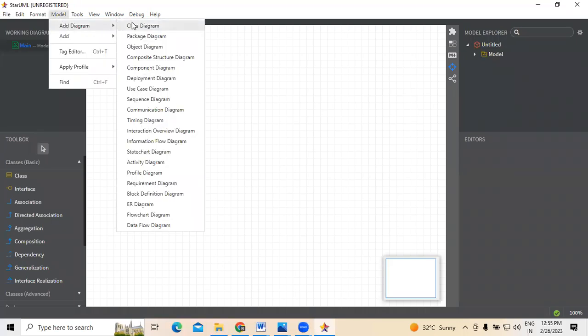If you have a lot of diagrams: class diagram, package, object, composite structure, component, deployment, these are all the technical diagrams. For example, component means what hardware and software components we are using for the project. When you're talking about the deployment diagram, if you are going to deploy the application, there are some deployment steps and procedures they have to write. That all comes under the deployment diagram.